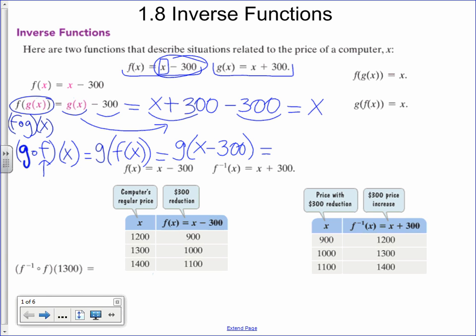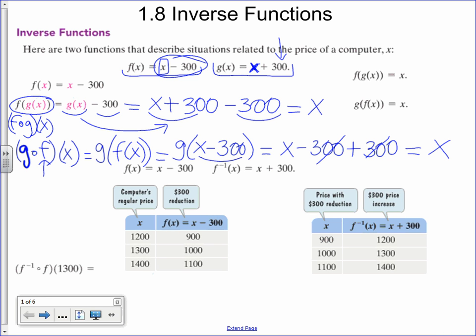So what we need to do is take function g and substitute this little x with x minus 300. So that will be x minus 300. But let's not forget there is a plus 300 here. And 300 minus 300 is equal to 0, or you may say they cancel.